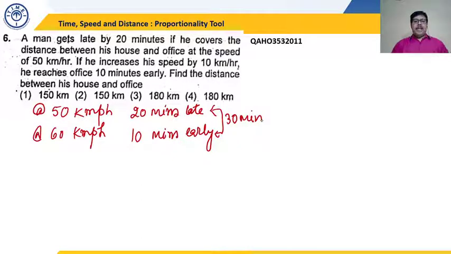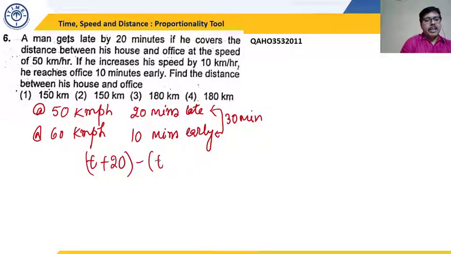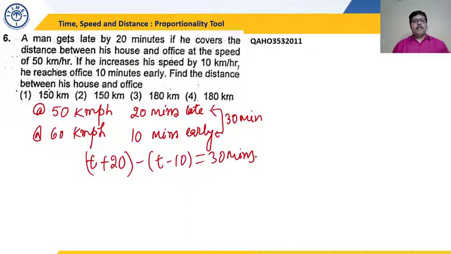So 20 minutes late means he is taking T plus 20. 10 minutes early means he is taking T minus 10. So what is the difference between T plus 20 and T minus 10? Can I say the difference between these two times is basically 30 minutes.